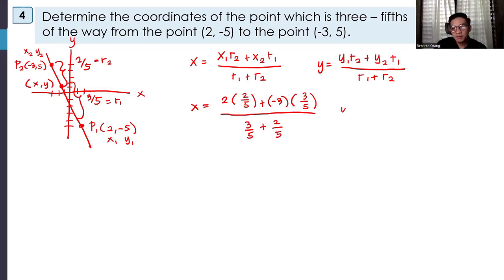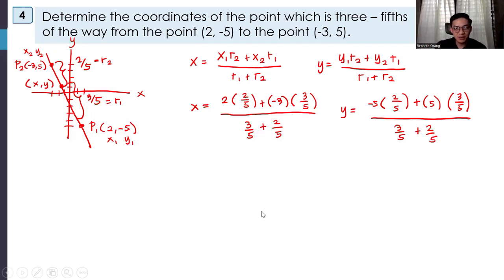Next, sa kabila, we have y is equivalent to y sub 1 po natin is -5. Multiplied by our R2, which is 2/5. Plus, y2 po natin is 5. Multiplied by R1, which is 3/5. So, same sila sa denominator. We have 3/5 plus 2/5.